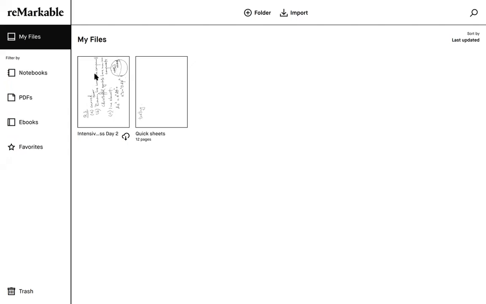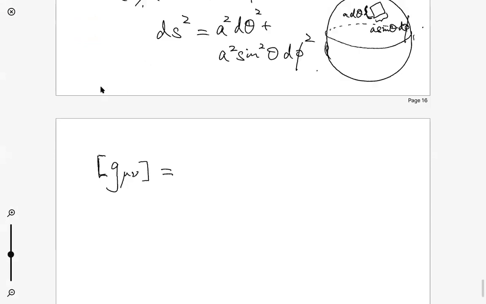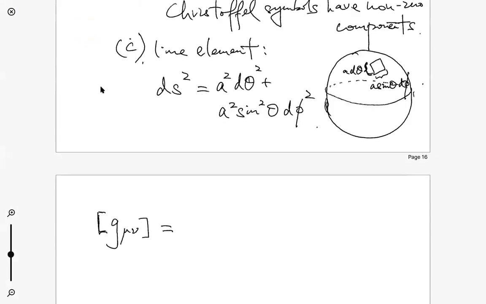What about the metric? Whenever we're dealing with Christoffel symbols and the Riemann tensor, we almost always start from the metric. So with this line element, what we can have would be something like this, right?